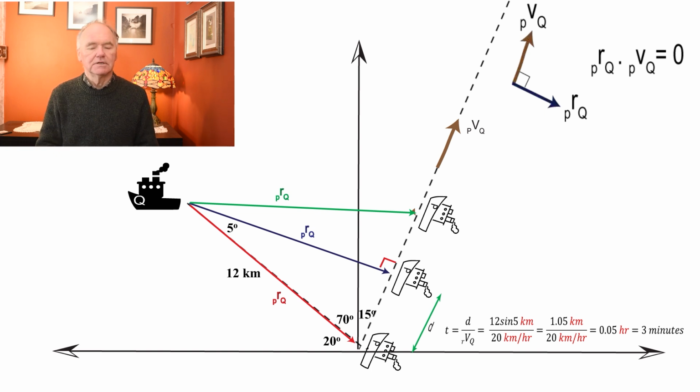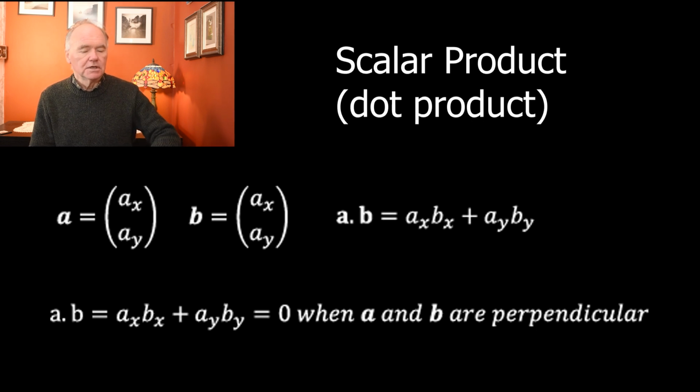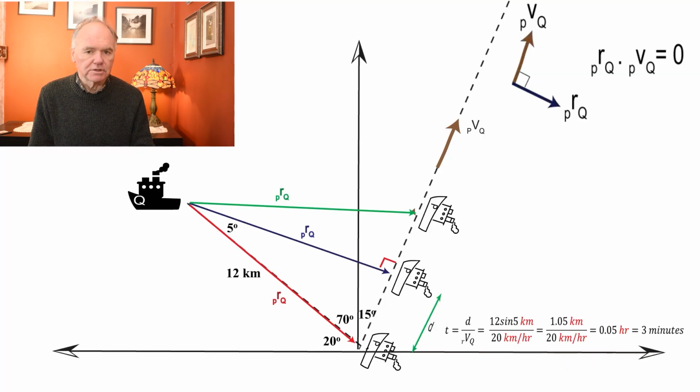That gets our answer. Alternatively, we can use the scalar product, because the velocity vector and the position vector are at right angles to each other, which means their scalar product is equal to 0. So in other words, if we dot the position of P with respect to Q with the velocity of P with respect to Q, the answer is 0.